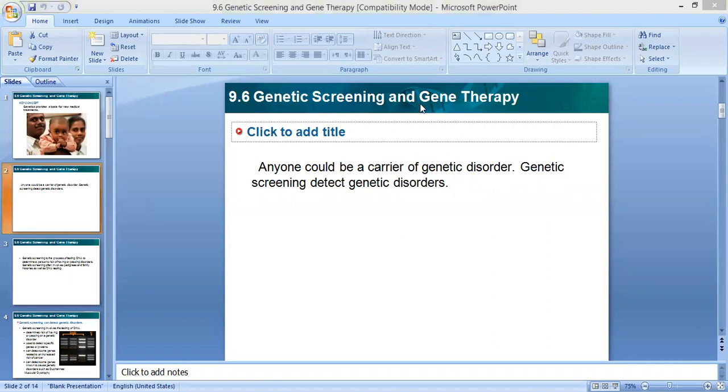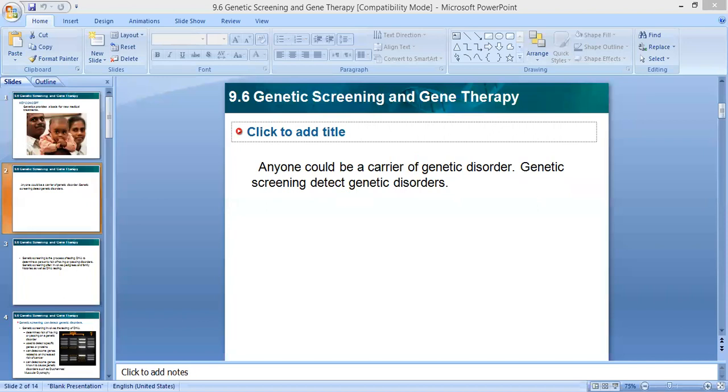Some methods for screening: the first one is electrophoresis, and the pedigree. Bravo, electrophoresis. What else?